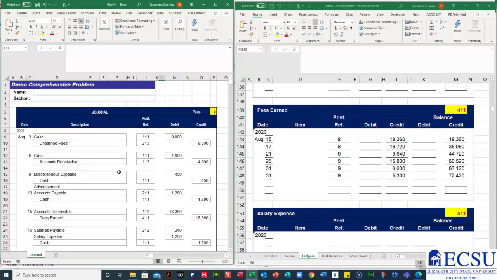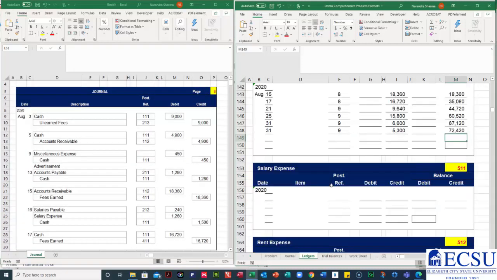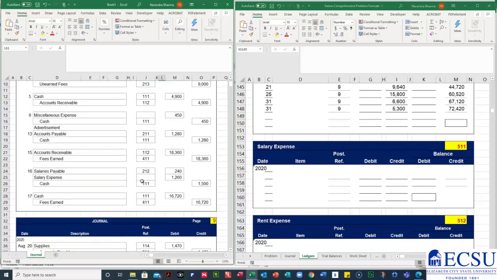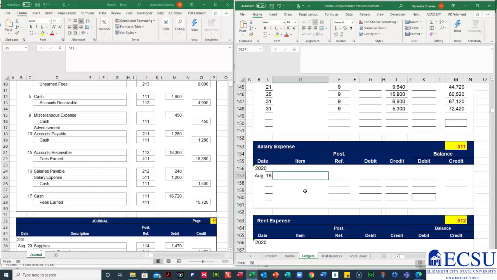Now I'm going to look for the next account I'm preparing, salary expense. Here it is. That's salary expense, 511. So I'm going to write, this is August, and the date is the 16th. I'm bringing that from page 8 of the journal, and it was a debit of 1,260. So I'm going to bring a balance of 1,260 as well.